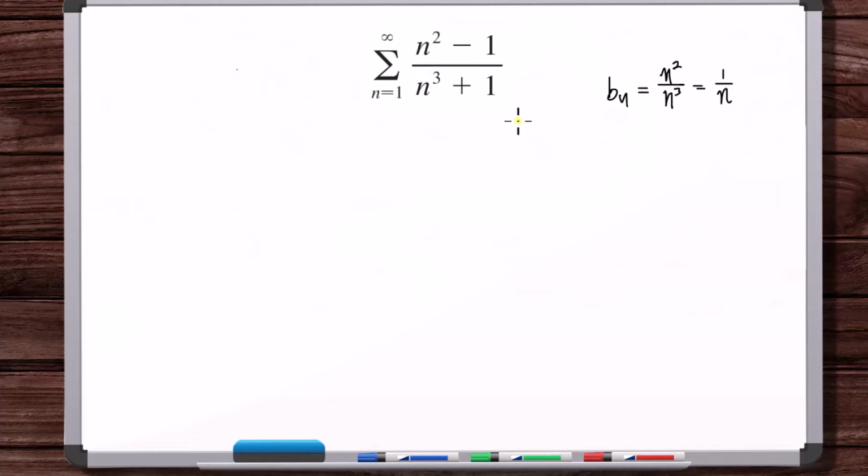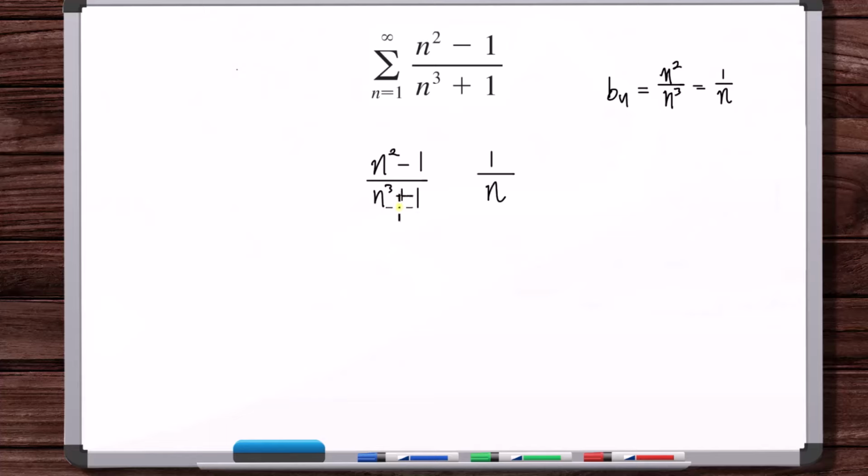Okay, but looking at this, we've got 1 over n, and how is this related to n squared minus 1 over n cubed plus 1? We've just taken off the minus 1 and the plus 1, right? This is n squared over n cubed, and this is kind of tricky because you subtract 1 from the numerator and add 1 to the denominator.